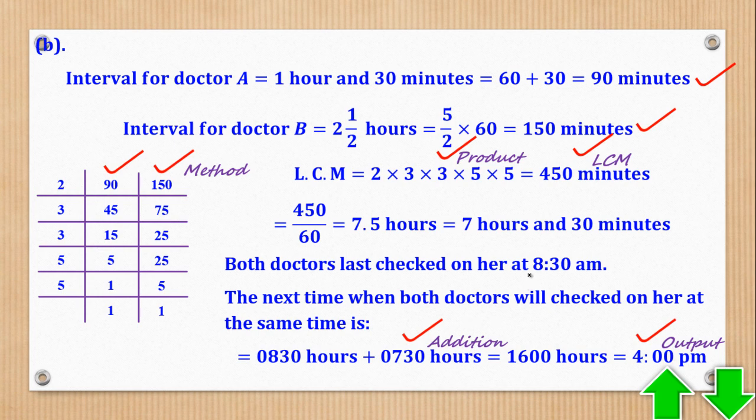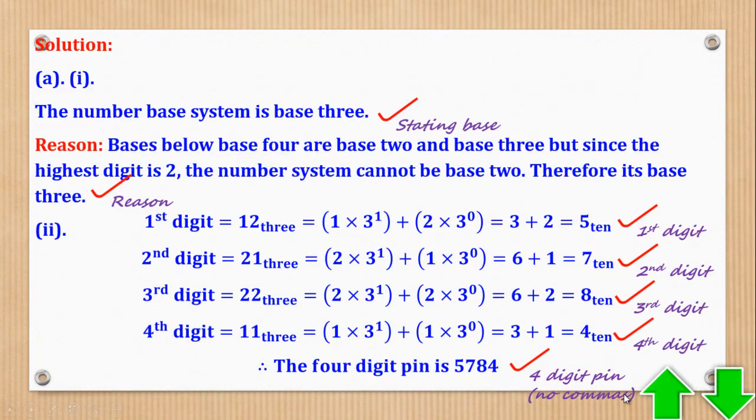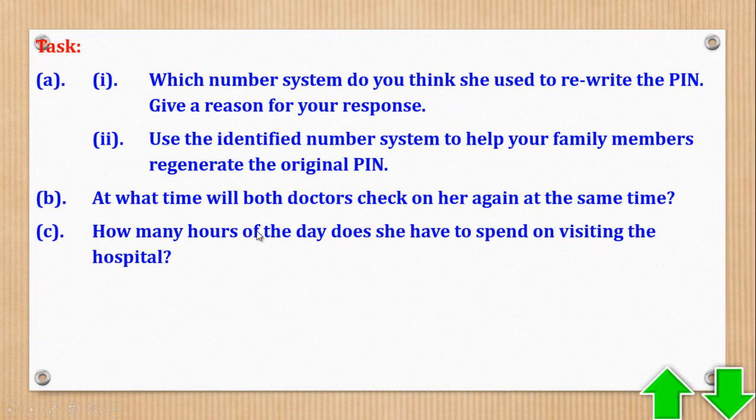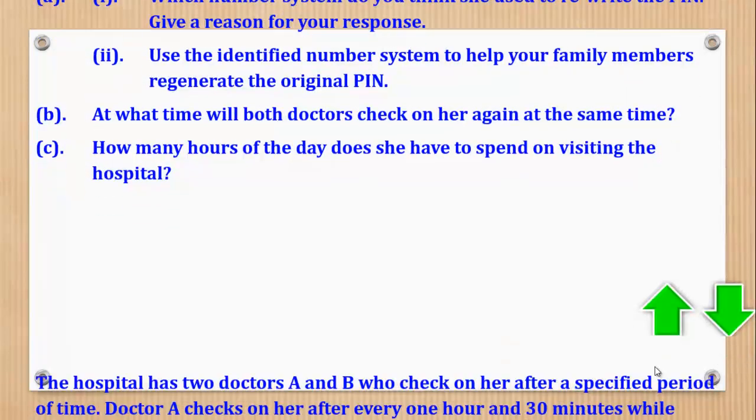Okay, so that was task B. Now we shall look for task C. Let me see. It says, how many hours of the day does she have to spend on visiting the hospital? So we need to go back to the scenario.